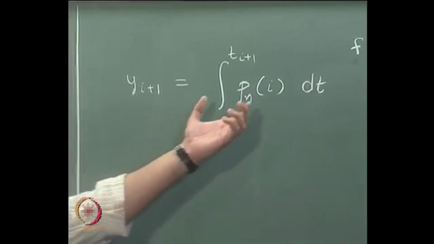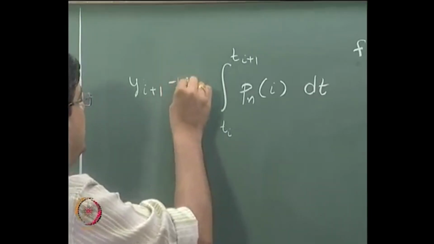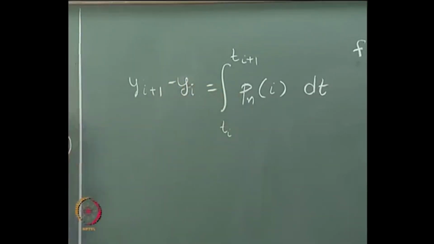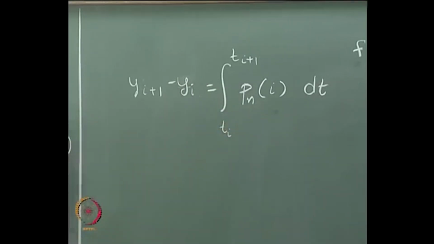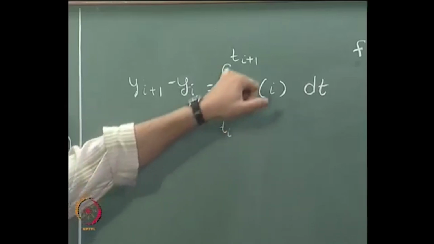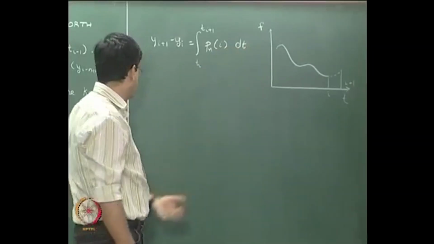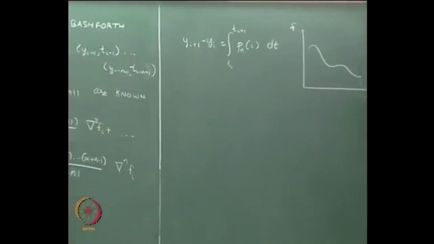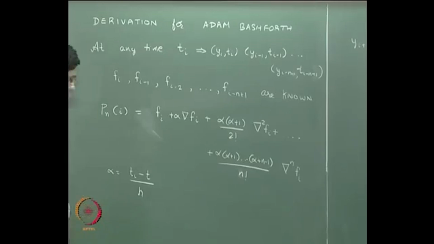So, we have essentially, or rather, y i plus 1 minus y i is going to be this particular integral. So, we have this particular polynomial that we have just derived, we go from ti to ti plus 1, we integrate that with respect to dt. Now, based on this particular equation, dt is going to be equal to minus h times d alpha.